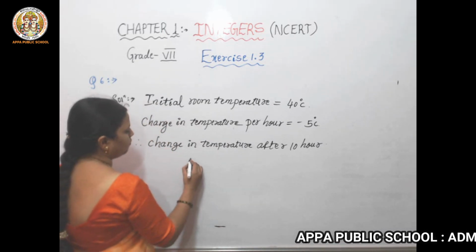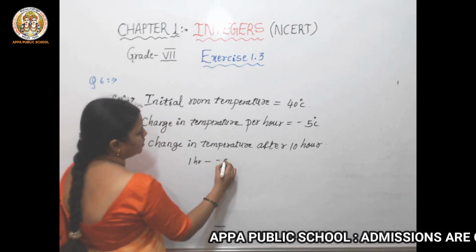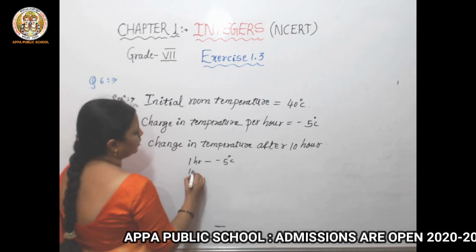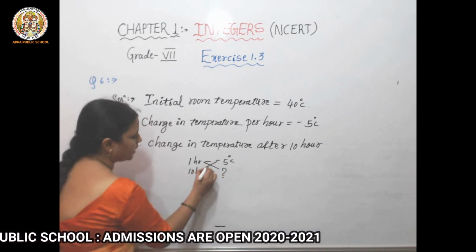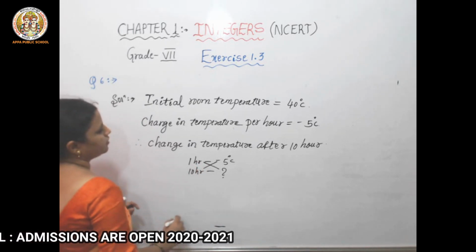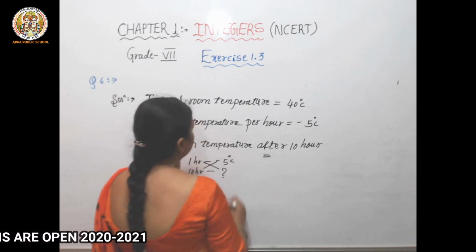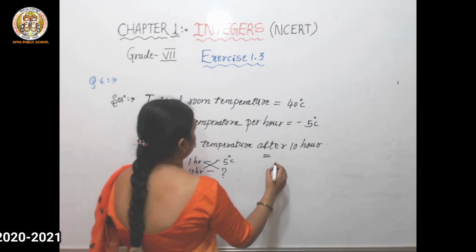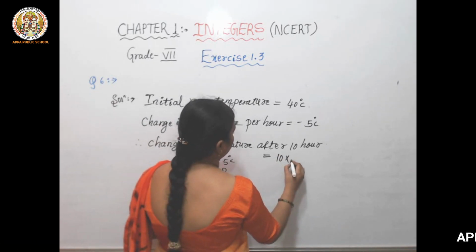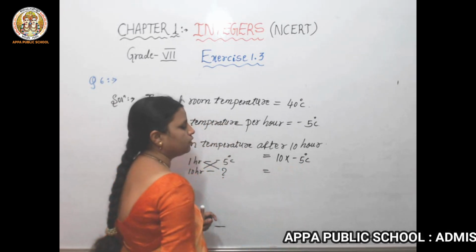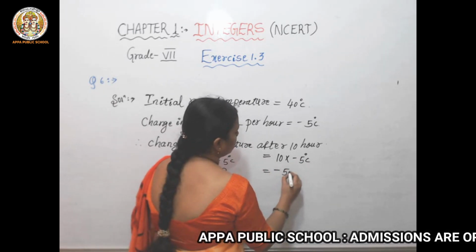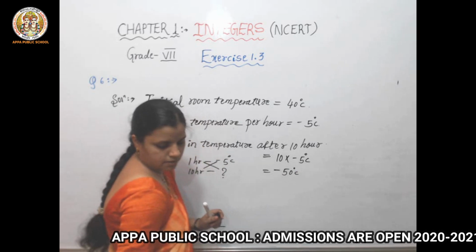You just do the cross multiplication. So it is equal to 10 into -5 degrees Celsius, so 10 into 5 is -50 degrees Celsius.